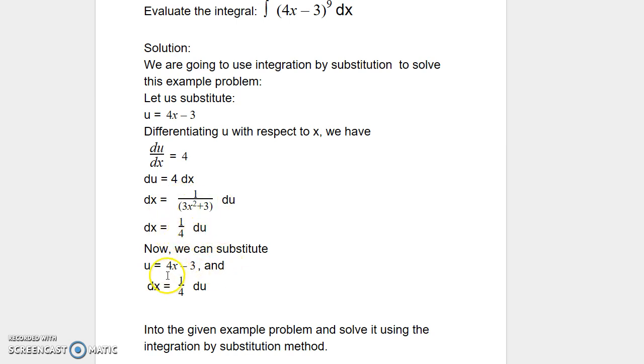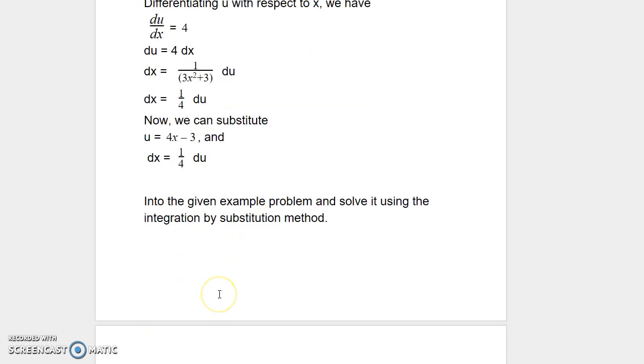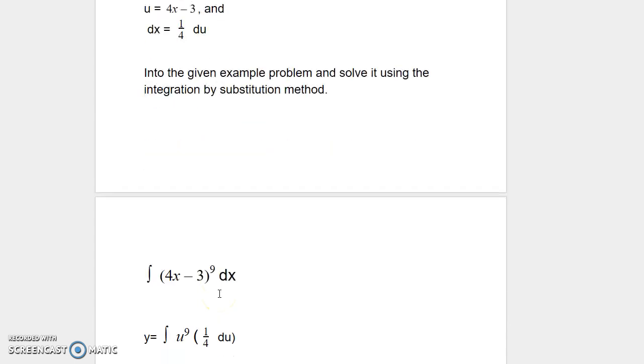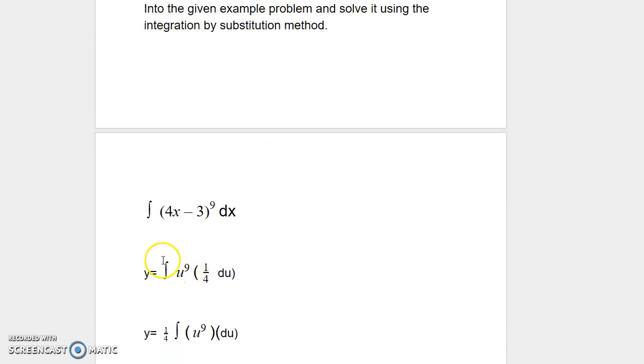Now we can substitute u as equal to 4x minus 3, and we can write dx as 1 over 4 du into the given example problem and solve it using integration by substitution. Our example problem reads as follows: 4x minus 3, the whole thing raised to the power of 9 dx.